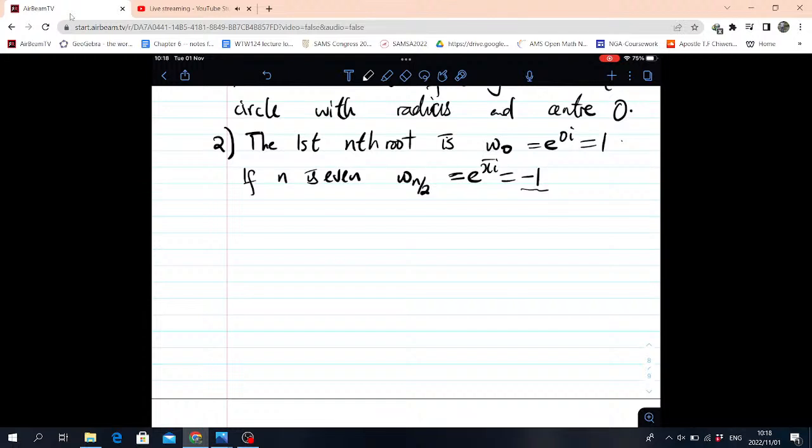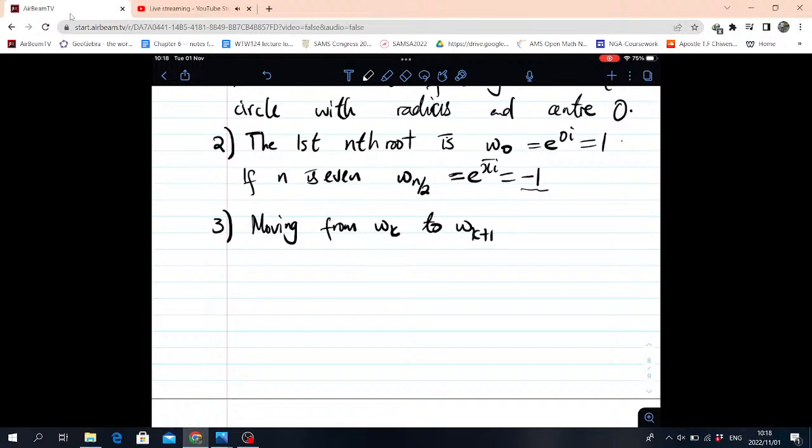And then one other thing to note is, if you move from one complex number to the other, the angle increases by a fixed value.